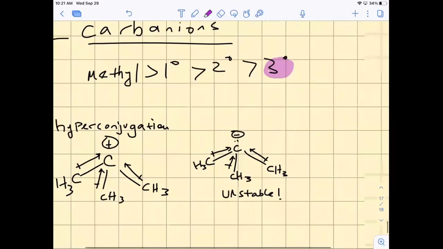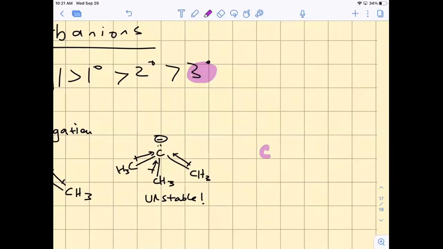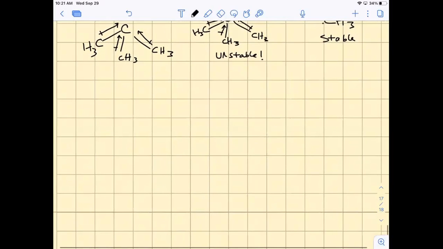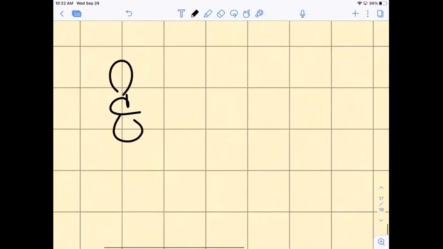All right. By the same token, if I have a methyl carbanion, something like this with no carbon-carbon bonds, that's excellent. This is highly stable. So for the anions, the fewer substituents you have around the carbon, the better. The radical is the same way, because the radical is a half-filled orbital, so it's got 1 electron instead of 2.